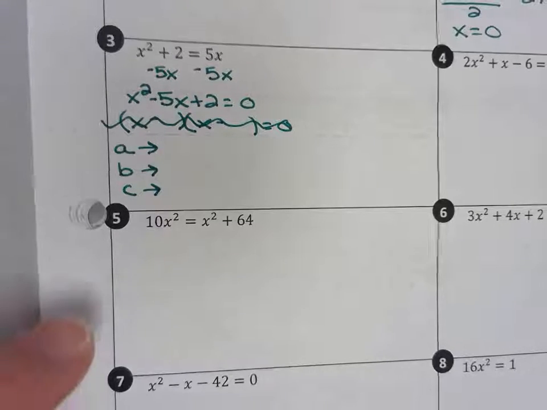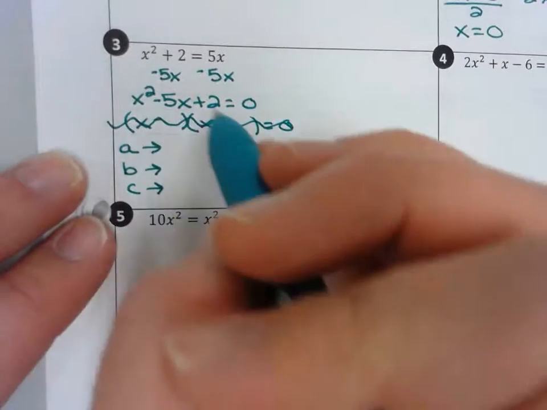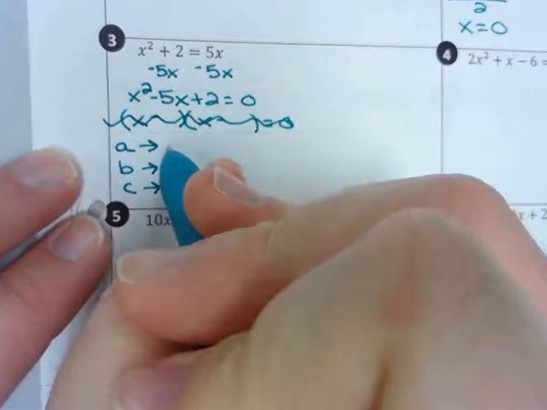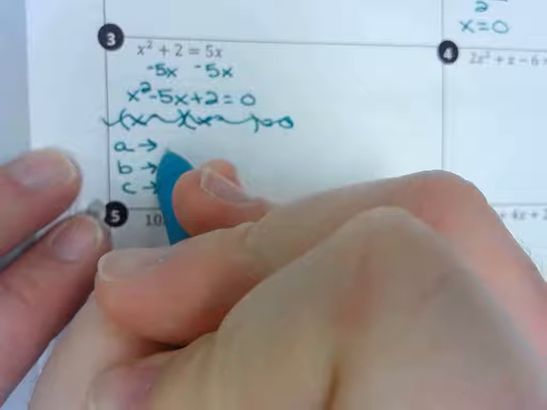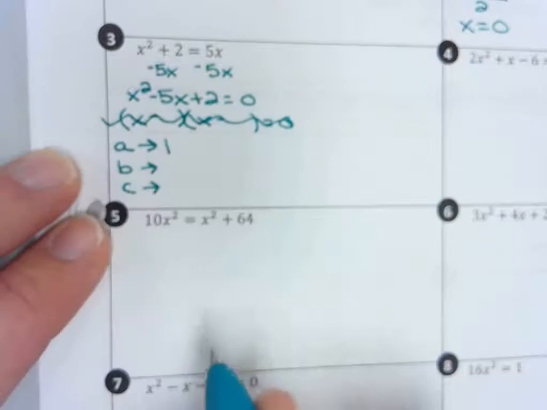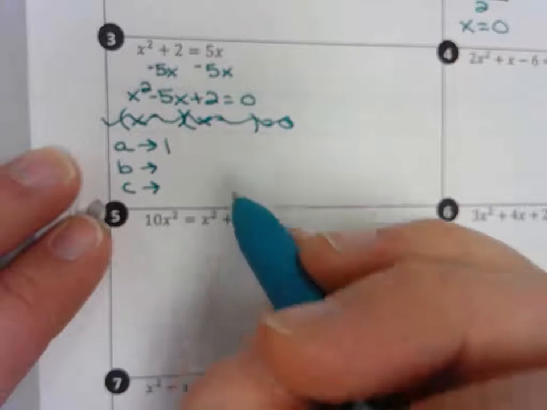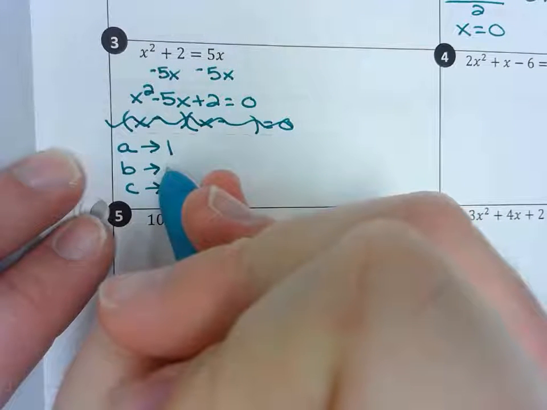So my a value is what, Maya? What's my a value in this formula? What number is in front of x squared? 1. Positive 1. My b value is what, Dylan? Positive 2.